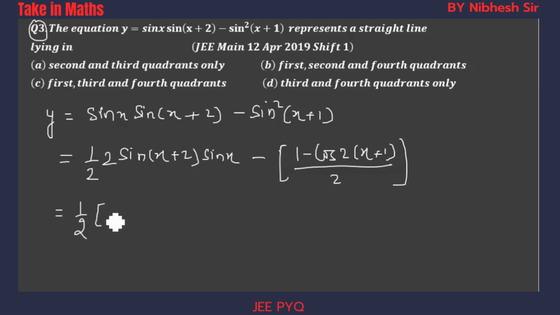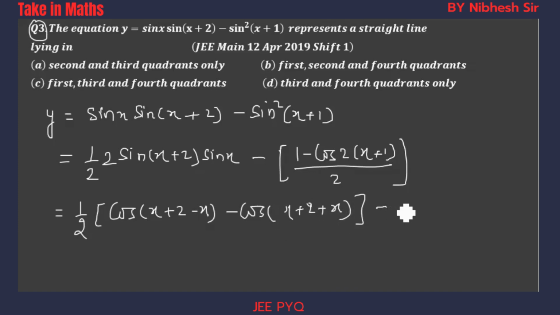For 2 sin A sin B, I can apply the formula cos(A − B) minus cos(A + B). So cos(x + 2 − x) minus cos(x + 2 + x). Okay, fine. And minus, I take 1/2 out, 1 minus cos(2x + 2).